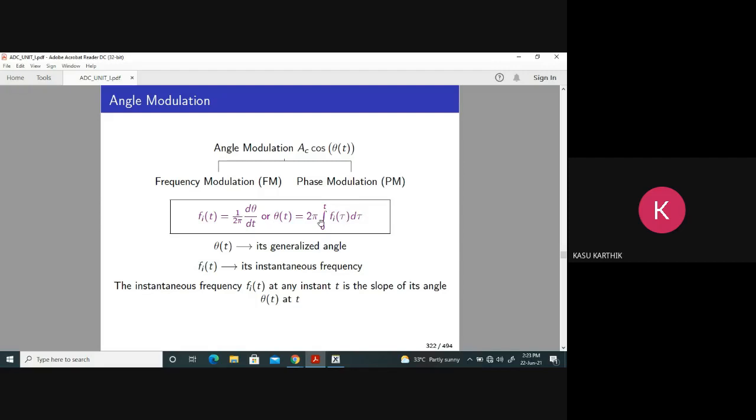So theta of t equals 2 pi times the integral of phi_i of tau d tau. This is one of the important relations in angular modulation. This or this, both are the same, but one uses differentiation and the other uses integration.